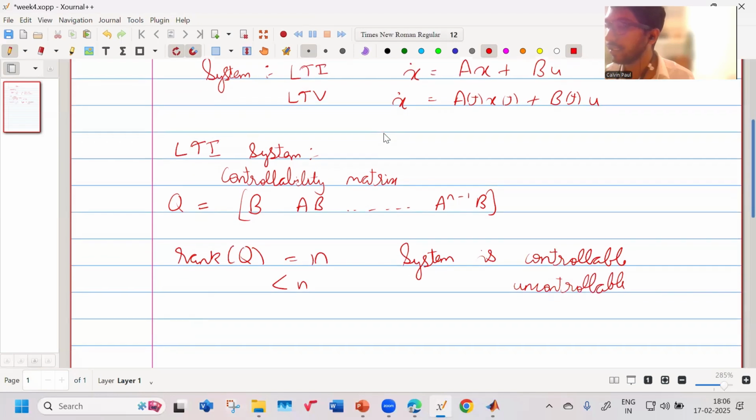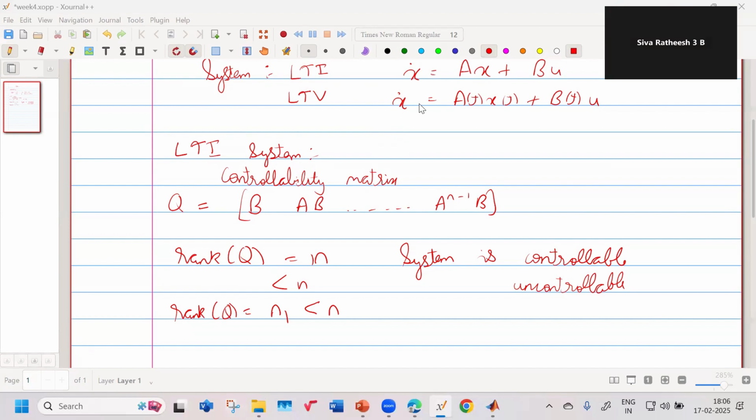All right, so these are some initial definitions. So suppose the rank of Q comes out to be N1, where N1 is less than N.